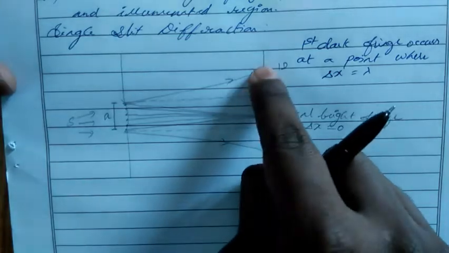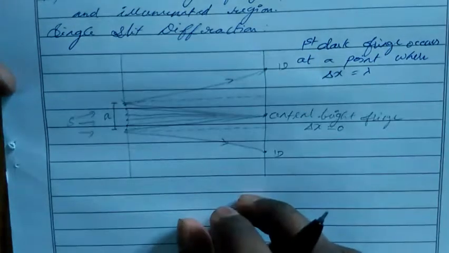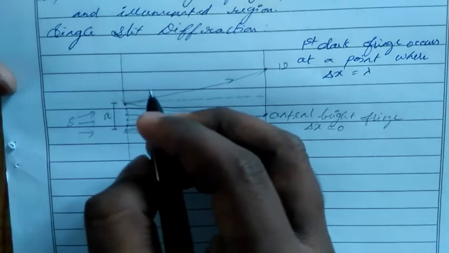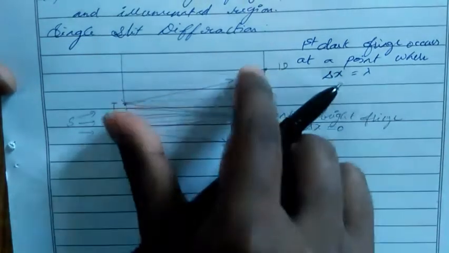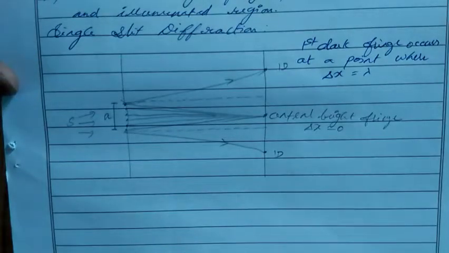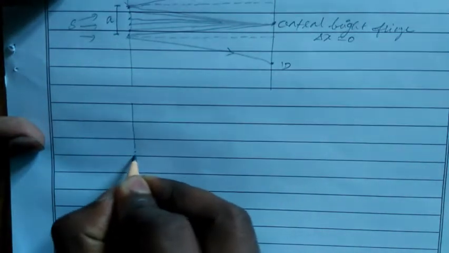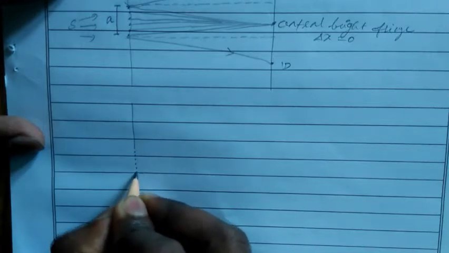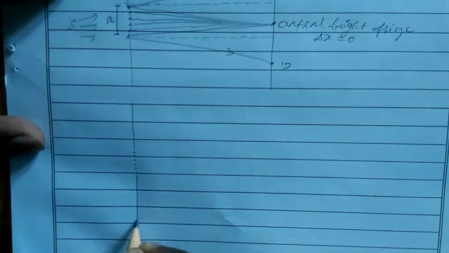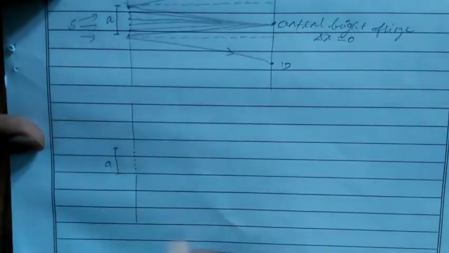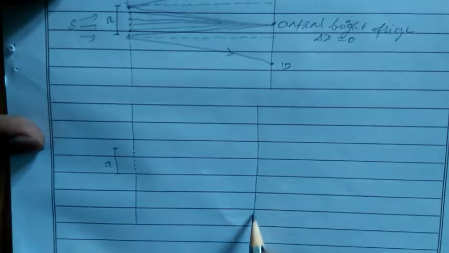We have the first dark fringe when, between the first light and the second light, the path difference is lambda. So we can draw it here. We have a straight line and each point will behave as a secondary source. This distance is taken as small a, and here we have the screen.